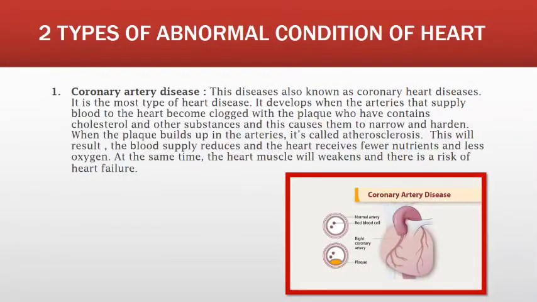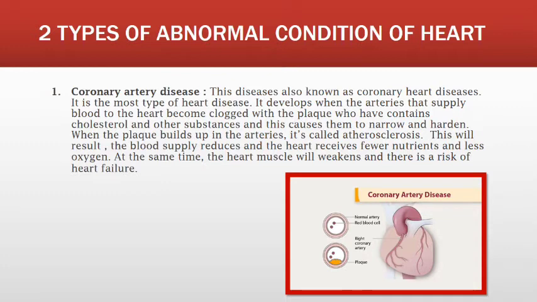Two types of abnormal conditions of the heart. First, coronary artery disease. This disease, also known as coronary heart disease, is the most common type of heart disease. It develops when the arteries that supply blood to the heart become clogged with plaque that contains cholesterol and other substances, and this causes them to narrow and harden.